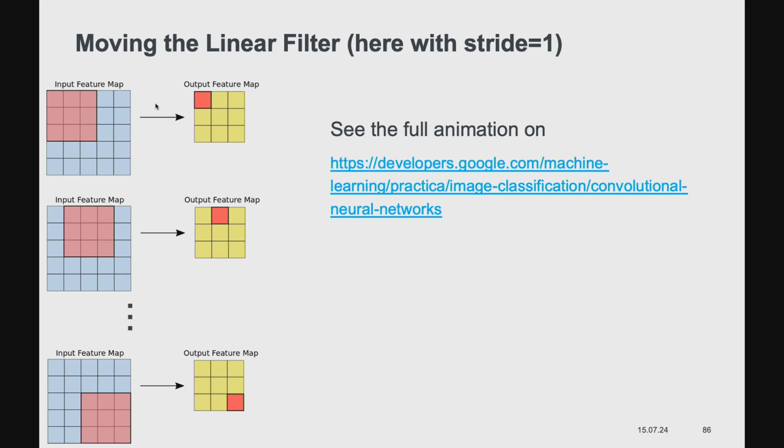This one would be connected to this. This is even wrong. At the borderline, it would be less. The next one would be connected to these, and this one would be connected to these.